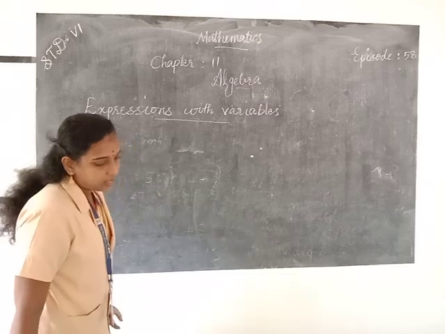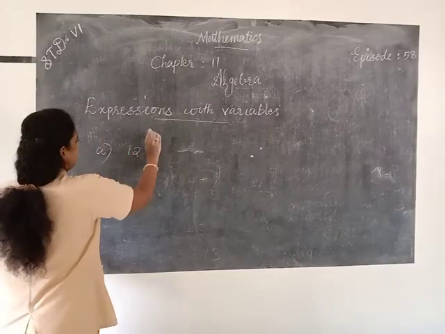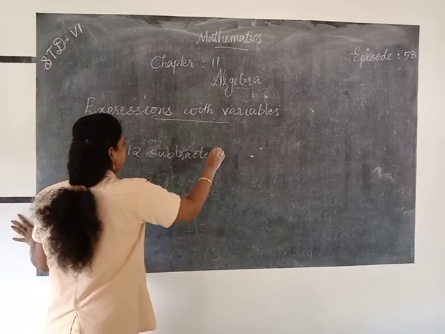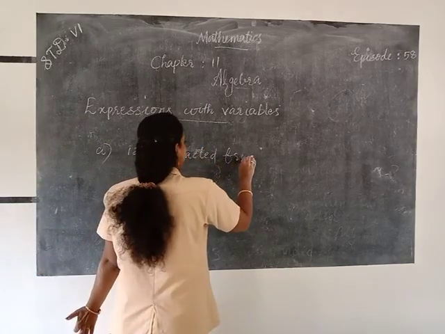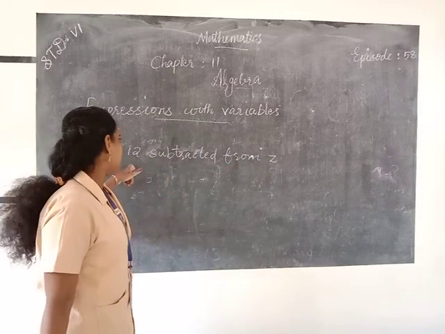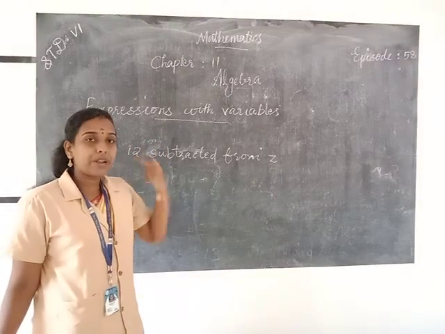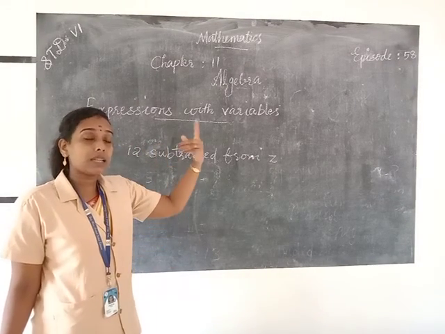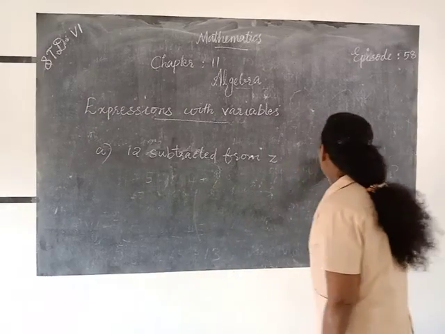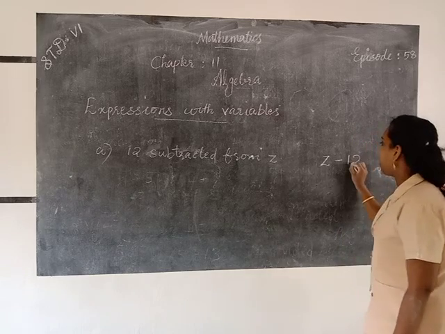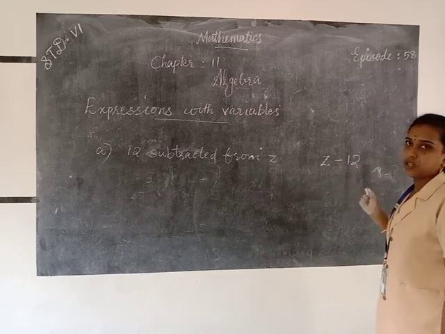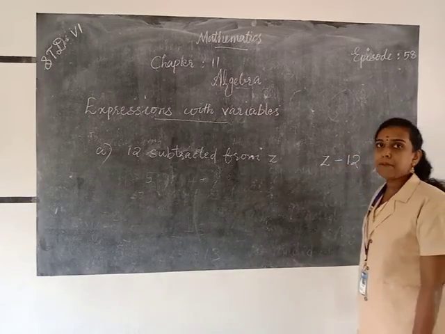The first one is 12 subtracted from Z. Here the variable is Z and the statement is 12 subtracted from Z. 12 is subtracted from the variable Z. So the expression is Z minus 12, which means 12 subtracted from Z.